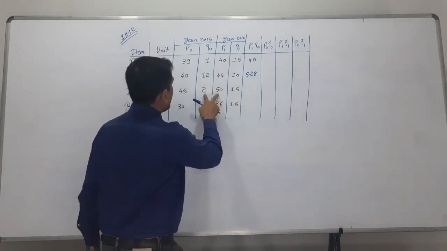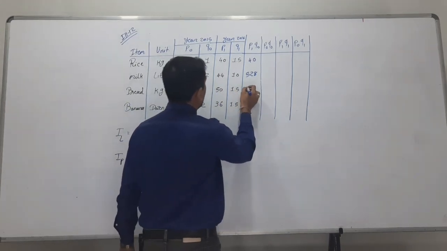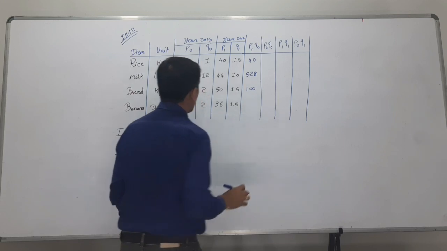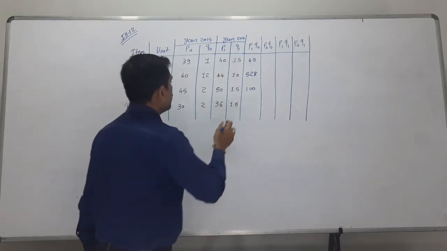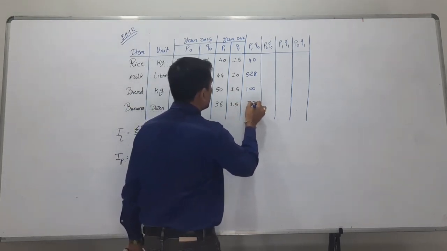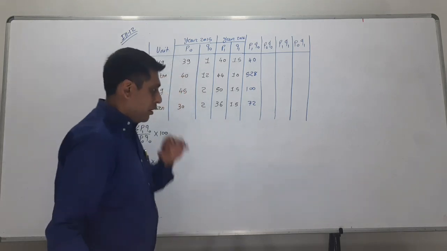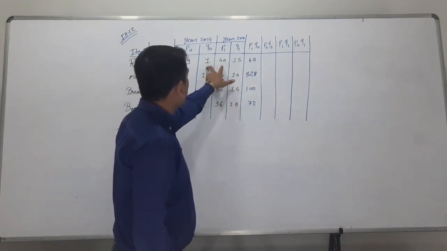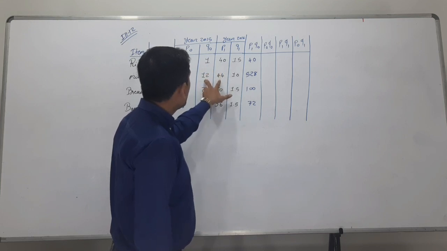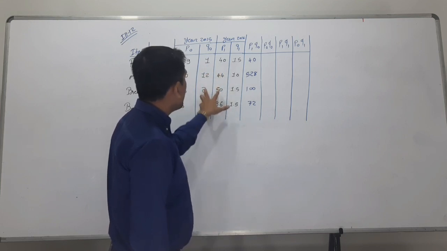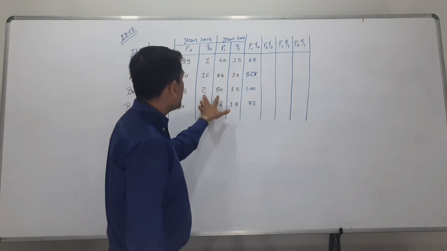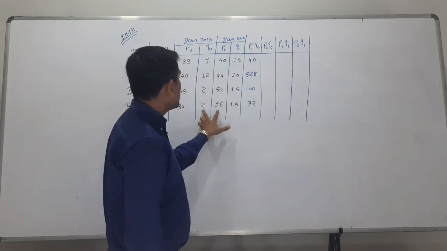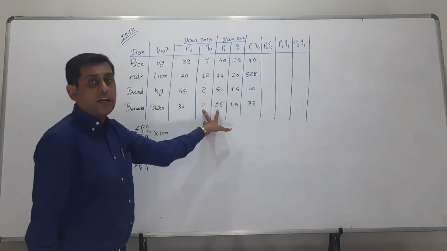Then 50 into 2, that is 100. And then 36 into 2, that is 72.